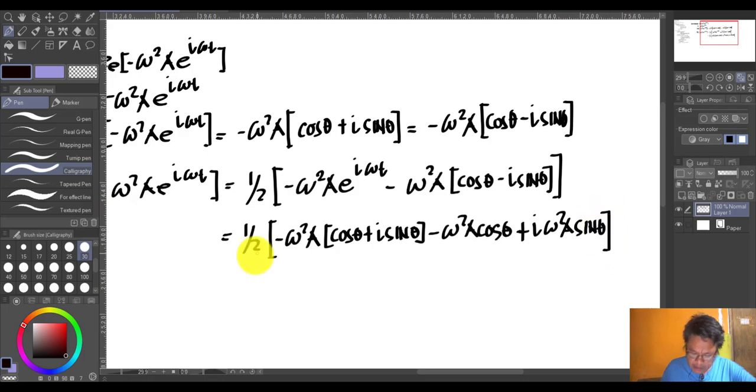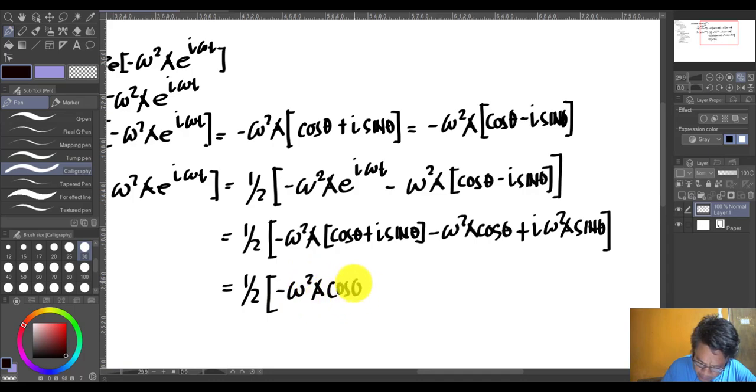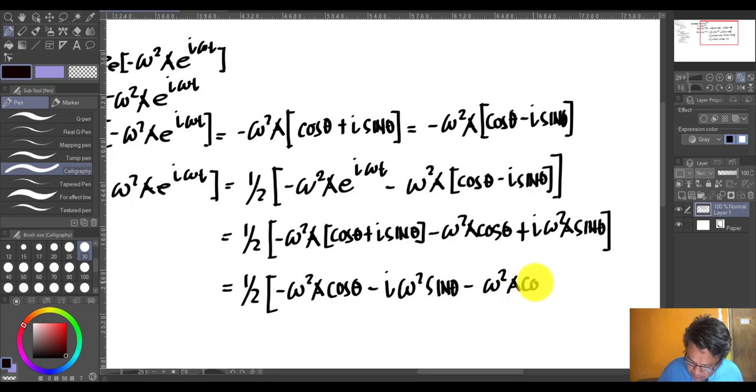I can further distribute this, so that will be 1/2, negative angular squared a amplitude cosine of theta, and this will become negative i angular squared sine of theta, minus angular squared a cosine of theta, plus i angular squared a sine of theta.